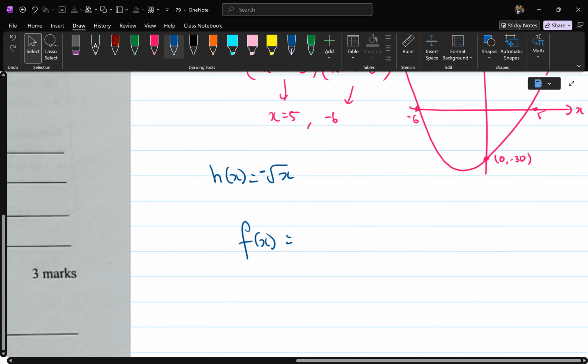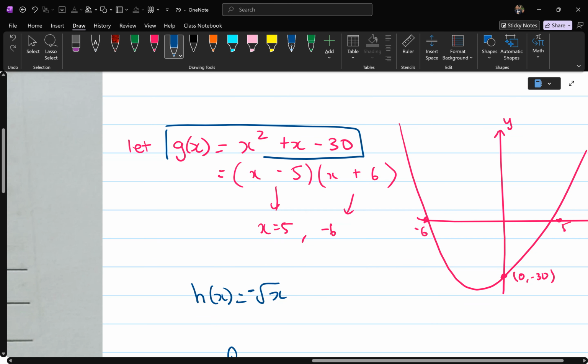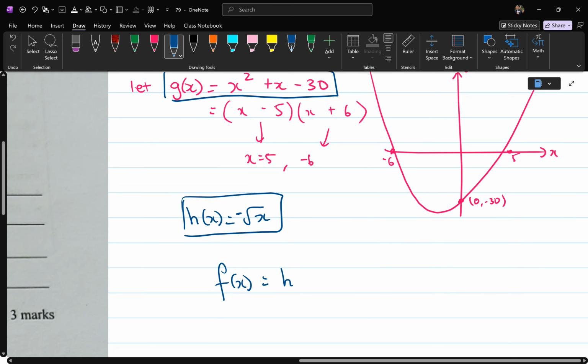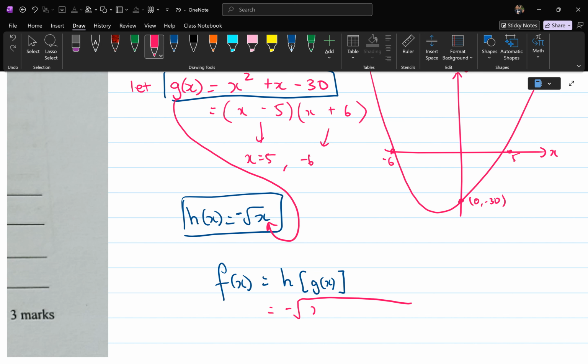And then I said g of x is equal to the quadratic, and then I said f of x is equal to h of g of x. Can you see that? So I split it up into two functions. Then what this is saying is sub g of x into h of x. And that's how you end up with negative of square root of x squared plus x minus 30.